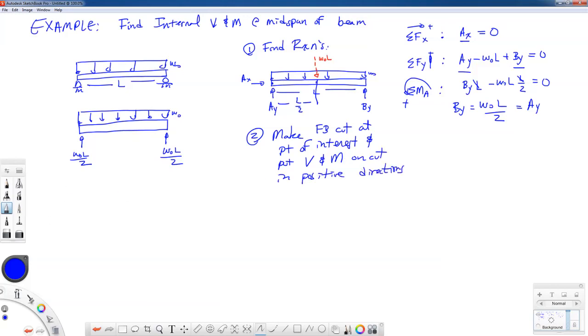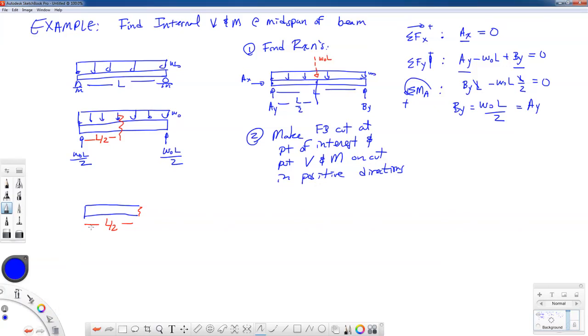All right, so if I do that, let me use red. Here's going to be my cut at the midspan. That means I know this distance is going to be L over 2. So my free body diagram is now going to look like this, where this distance is L over 2.